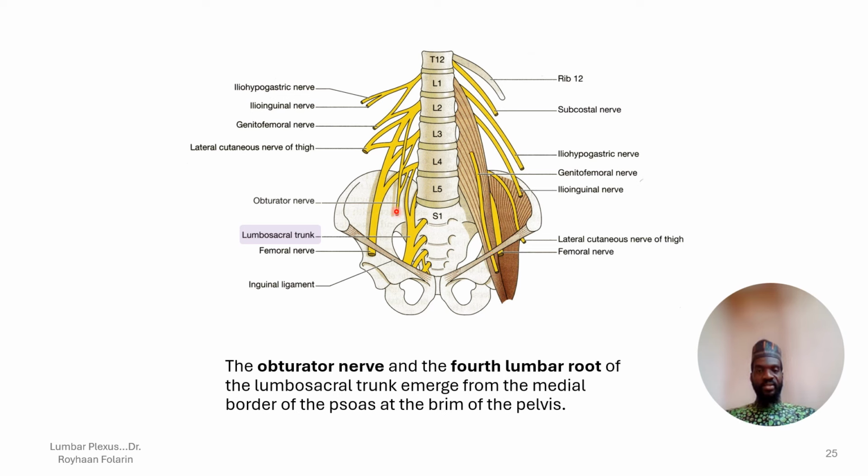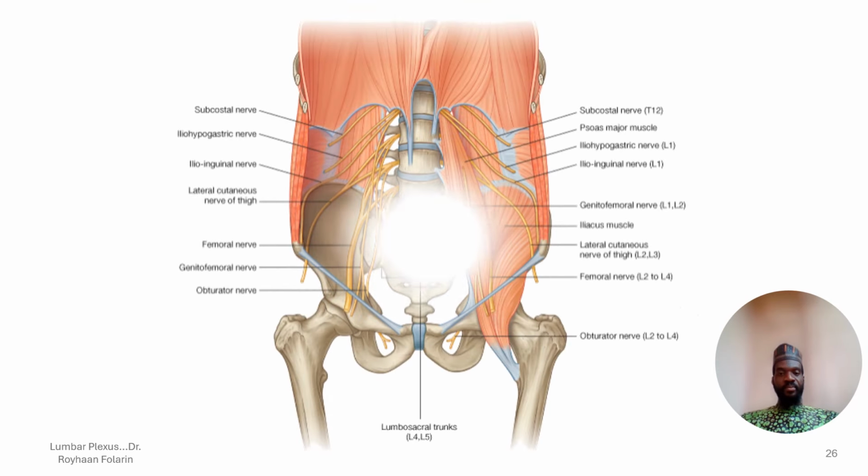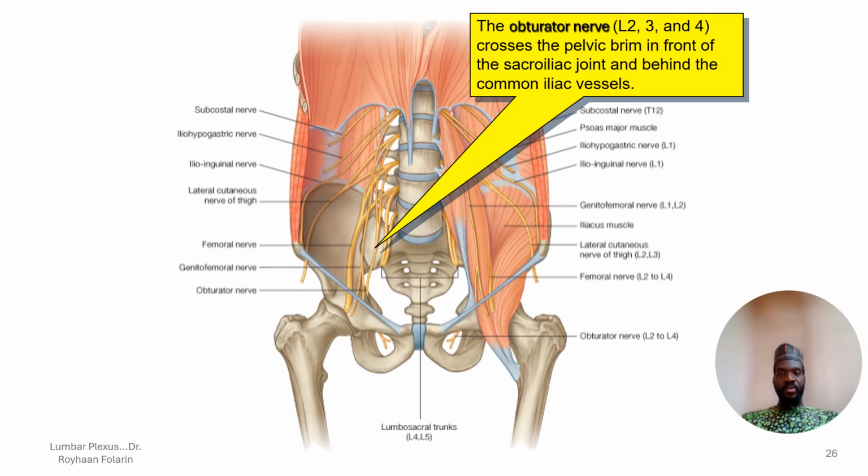Together with the fourth lumbar root of the lumbosacral trunk, it emerges from the medial border of the psoas muscle at the brim of the pelvis, as we mentioned earlier.